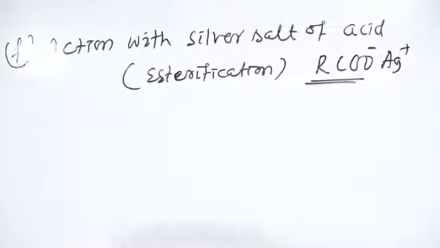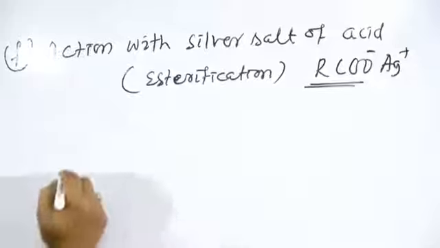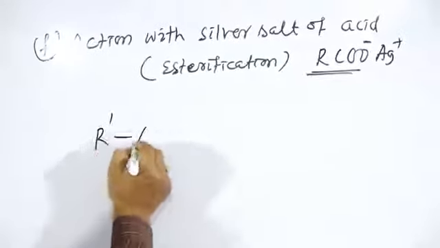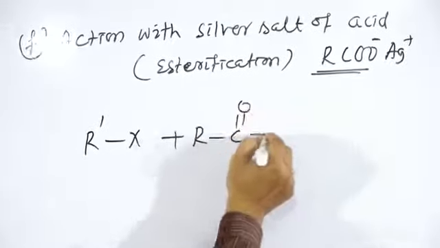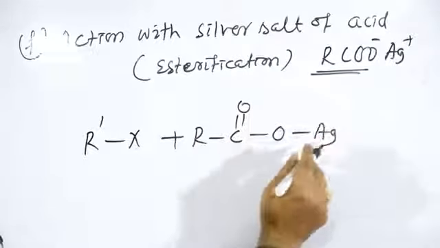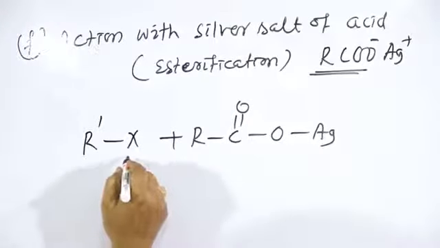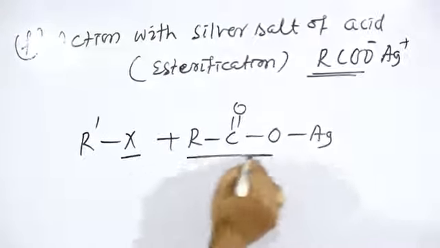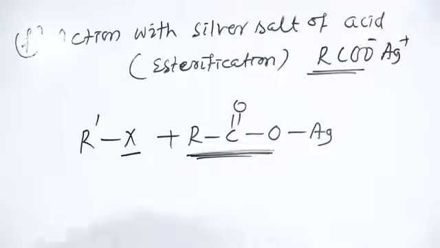So in this case, for the formation of the ester, take an alkyl halide, for example R'X, plus RCOOAg, the formula for the silver salt of the acid. The X part gets replaced by RCOO-.